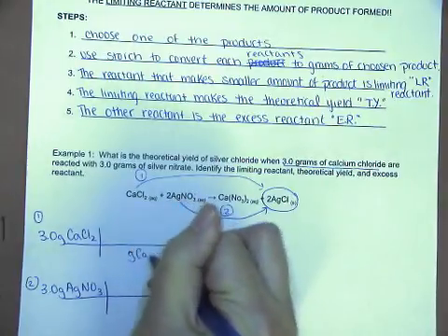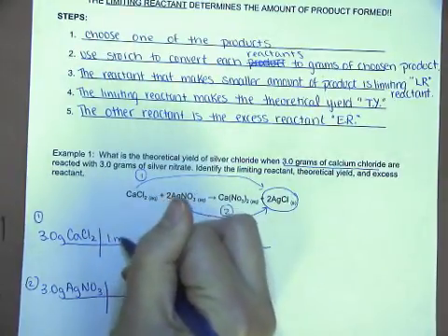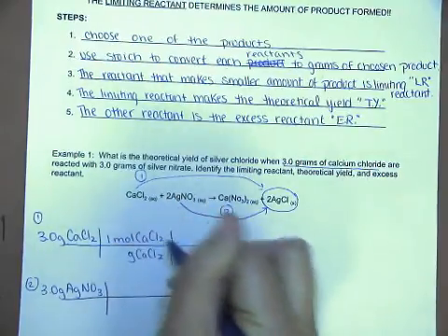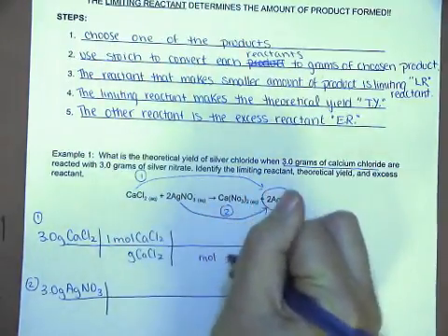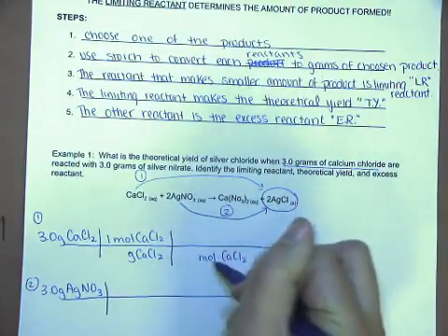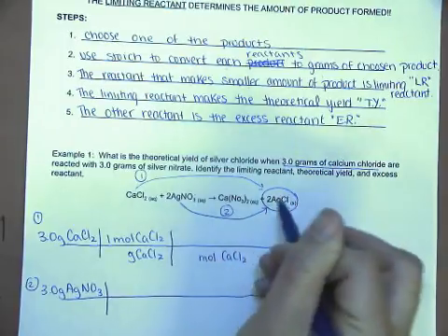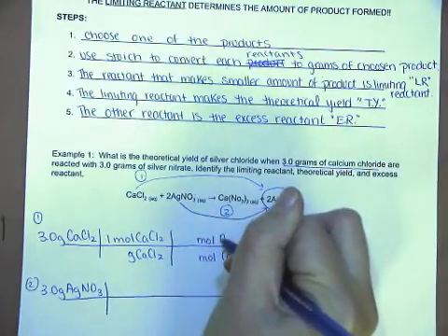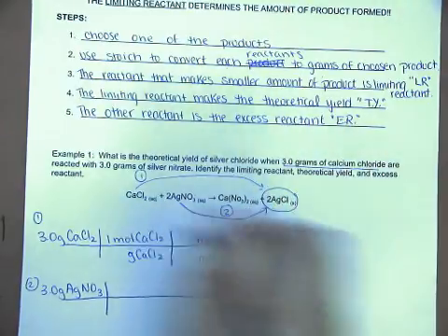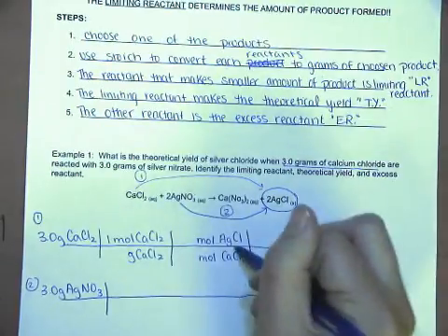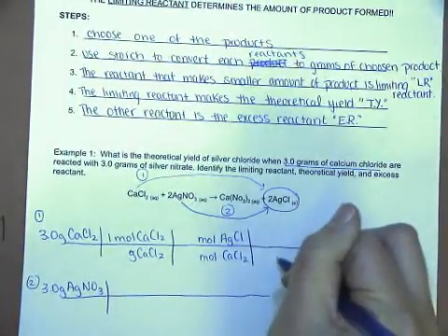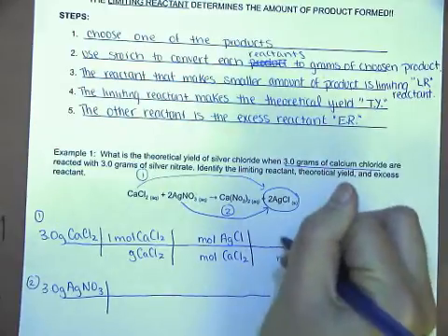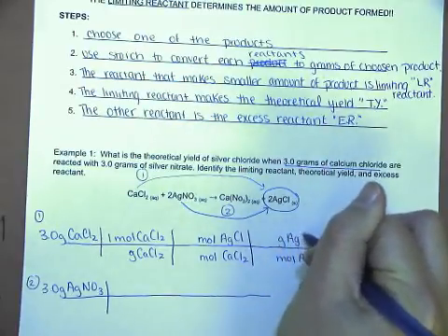So grams CaCl2 have to go to moles CaCl2. From moles, drop down. From moles of one, I can go to moles of the other. So I have to go to moles of silver chloride, crossing my mole-to-mole bridge. And then from moles of silver chloride, I can then go to grams of silver chloride.